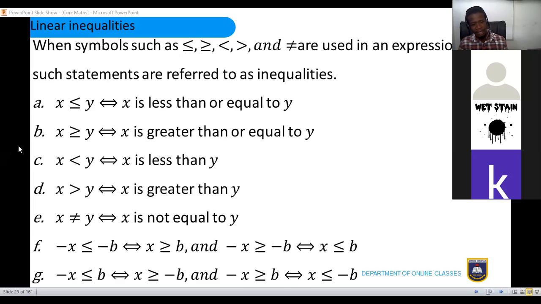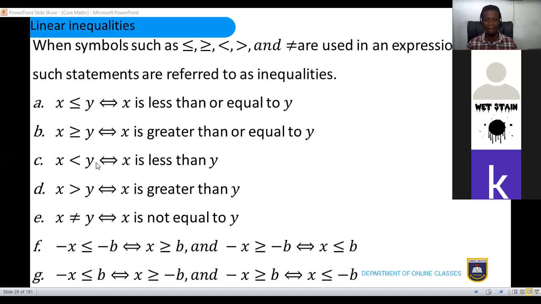Then when we come to the C, x less than y implies x is less than y. That means there's a number x which is less than a number y. So there might be so many numbers that will be less than y. For instance, when y is 2, that means x will take a certain range of numbers.